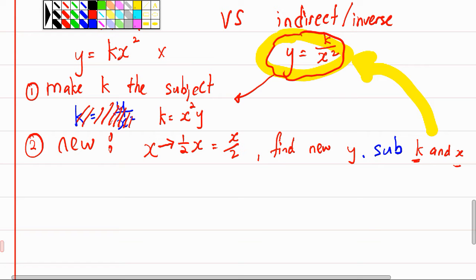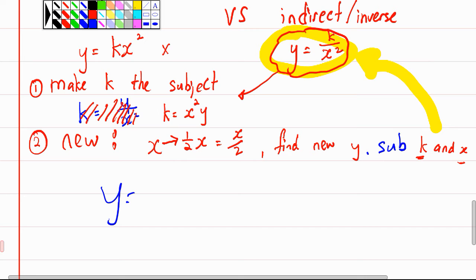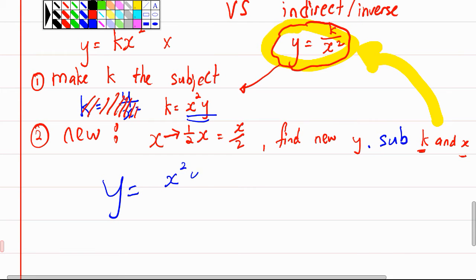Let's start. Now, what do I write? Y is still y because I don't know. K is what? X square y. So I write x square y. Do you follow? Divide. What is x square? Half x.